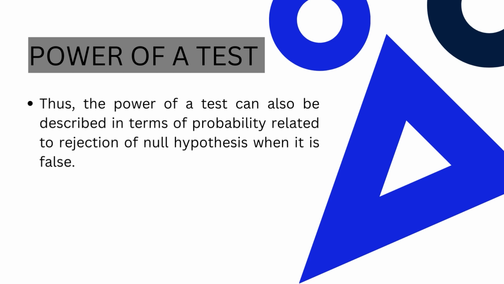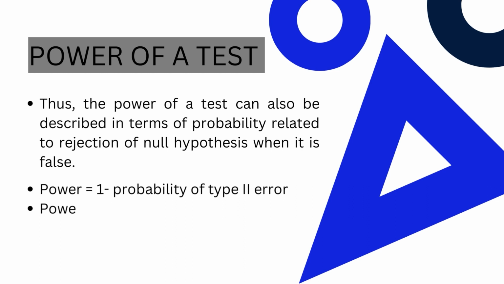In terms of formula, it can be presented as power is equal to 1 minus probability of type 2 error. As we know, the probability of type 2 error is denoted by beta. So, it can again be described as power is equal to 1 minus beta, or we can also represent it as beta is equal to 1 minus power. This way the formula can be presented.